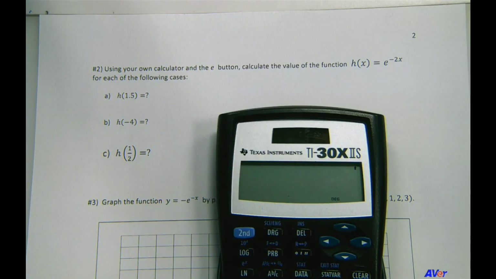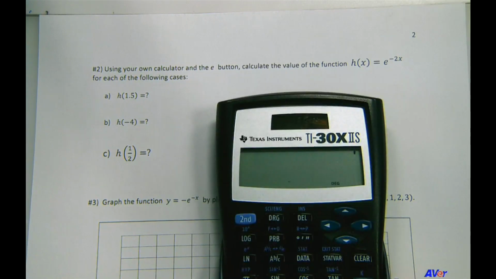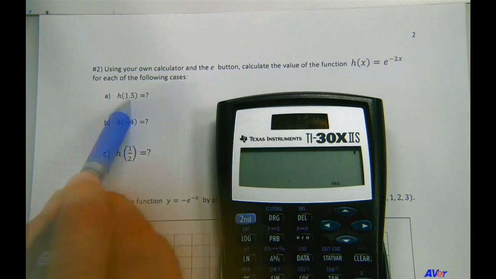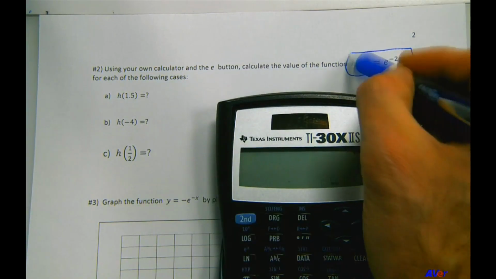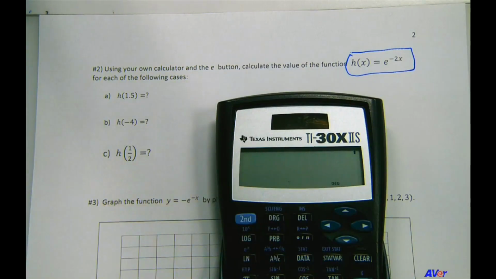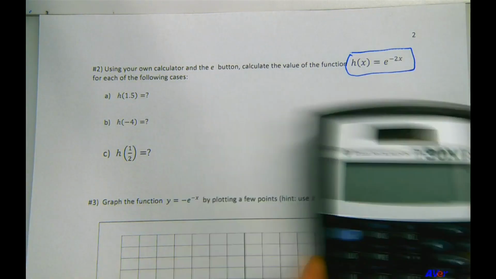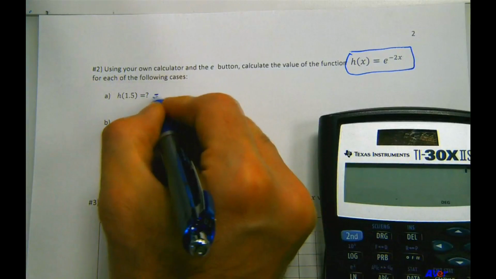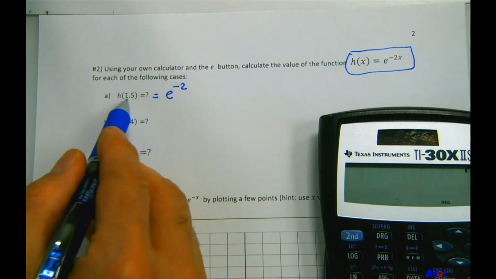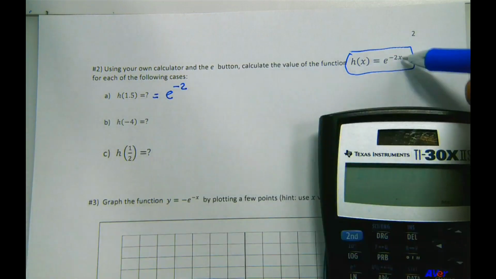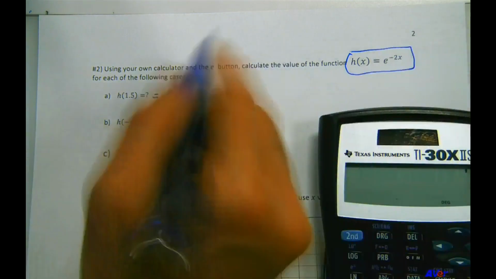Okay, so for example, for the first value of x, this is the function we're evaluating at different x values, right? So that will be equal to e to minus 2 times 1.5, right? Because x is 1.5.